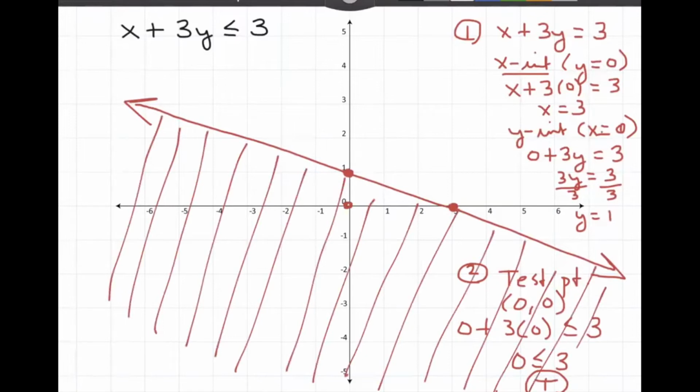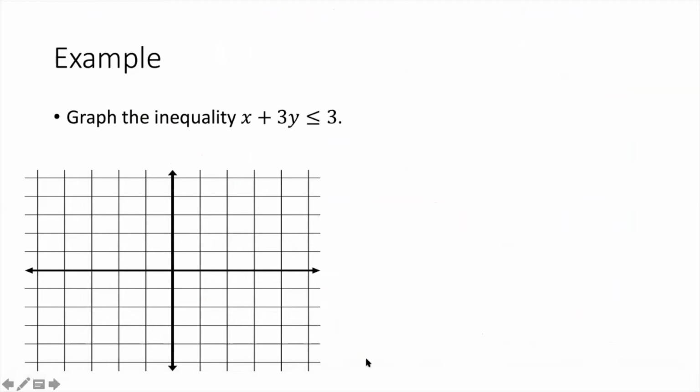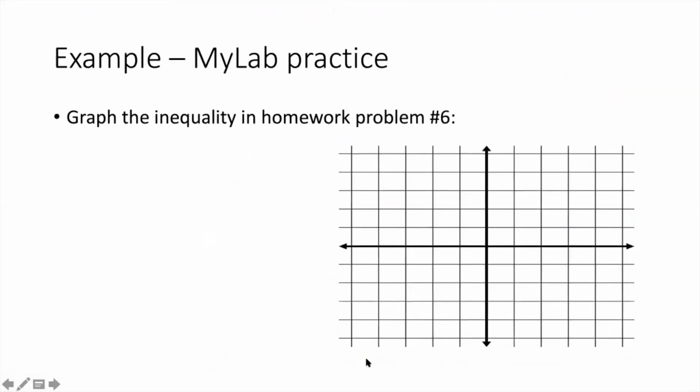So now let's look at the next example. The next example is, oh, it says Mylab practice. We're going to graph the inequality in homework problem number 6 because I want you to see how this works on Mylab.